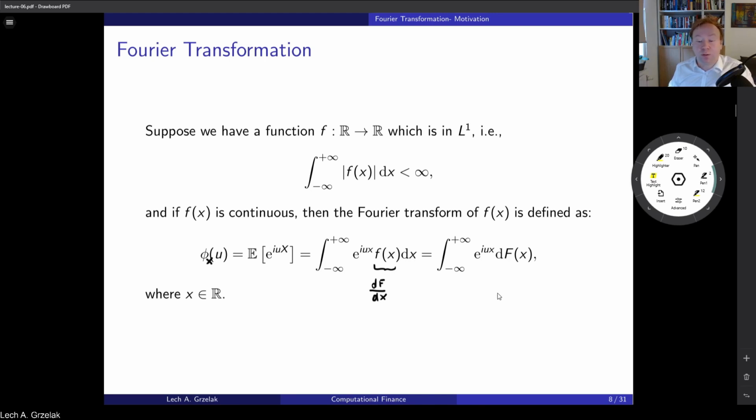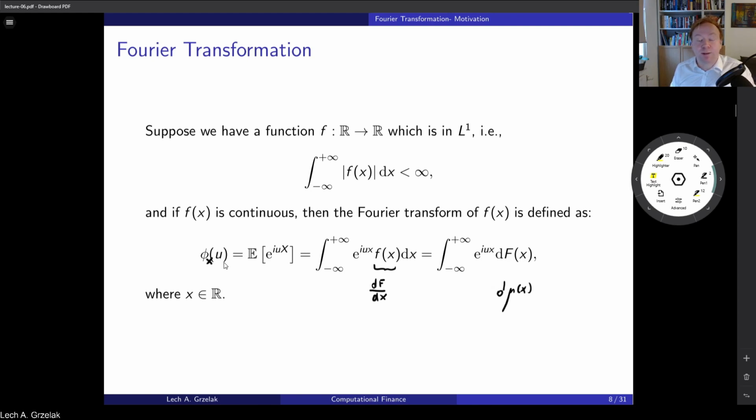Often you can also read, sometimes people write mu x. Don't be confused, it just shows you what measure is used. In this case, it is the CDF. In implementation, it doesn't really matter whether you integrate with the density or with the CDF in order to get the characteristic function.